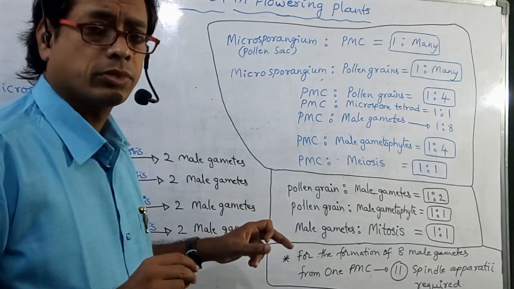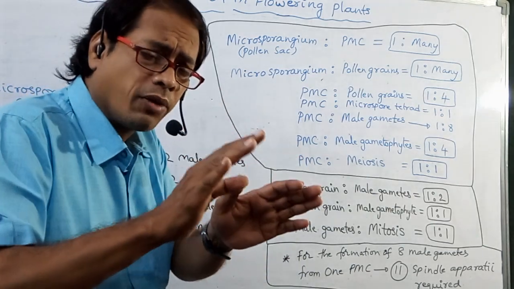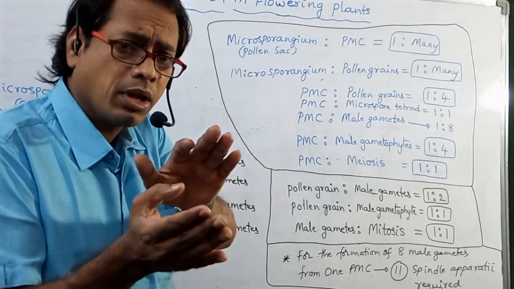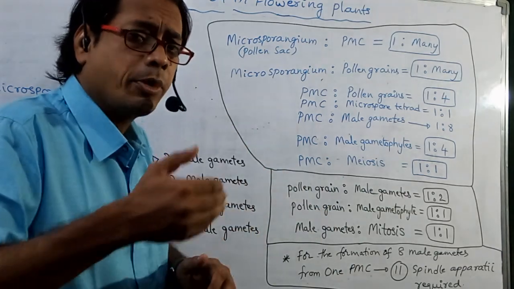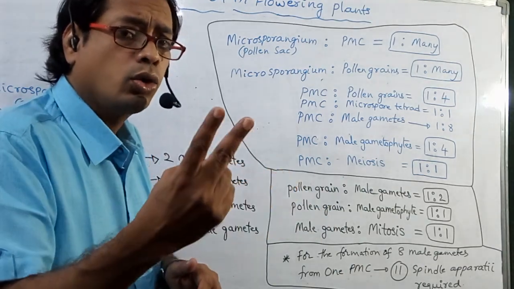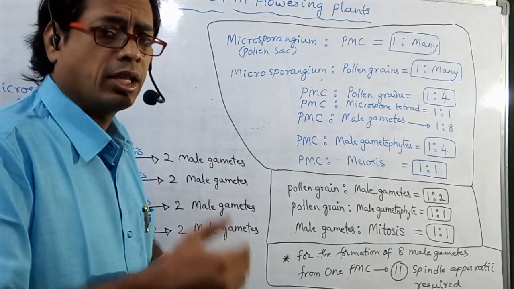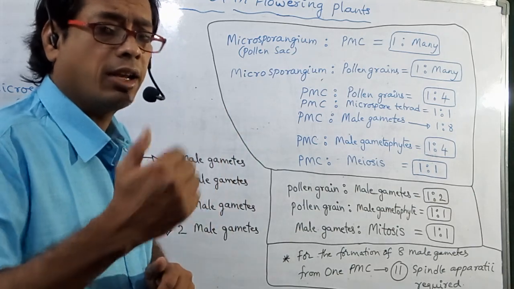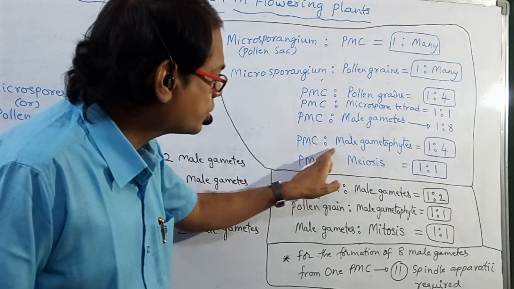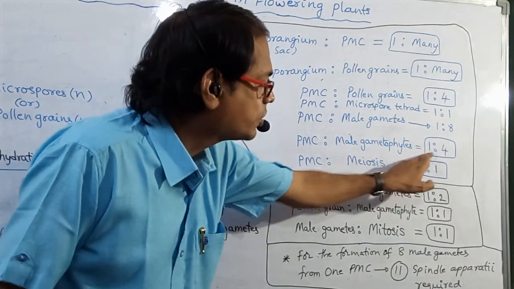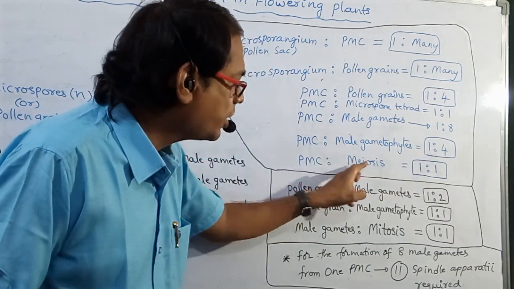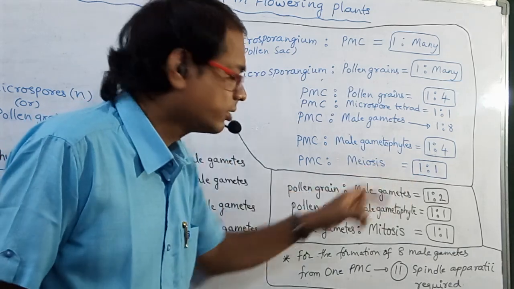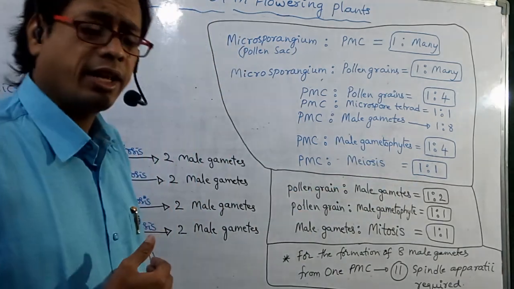That is, male gametophyte is different from male gamete. Male gametophyte produces 2 male gametes. In the next class I will tell in detail. PMC is to male gametophytes 1:4. PMC is to meiosis 1:1. They will ask like this also.